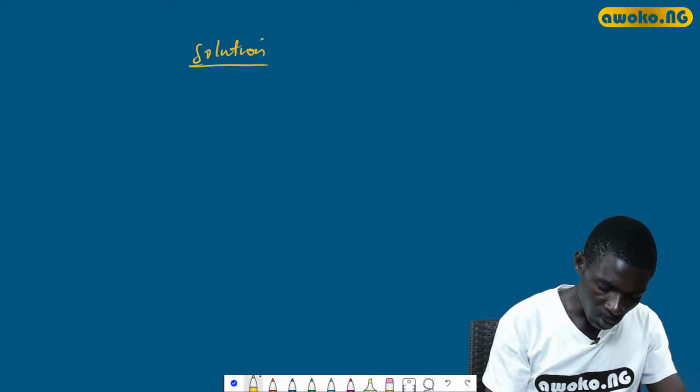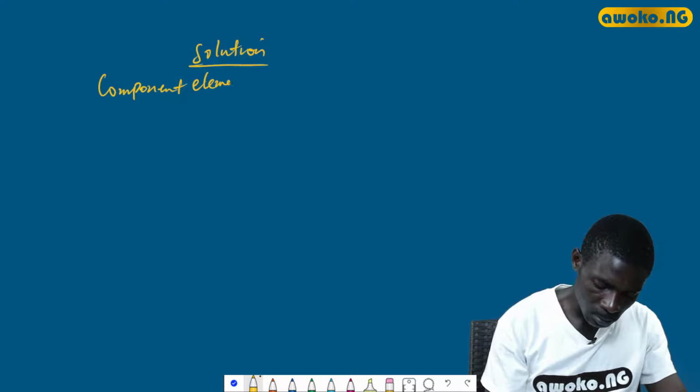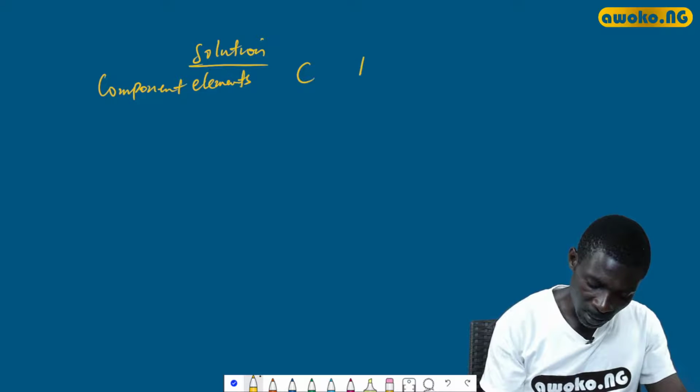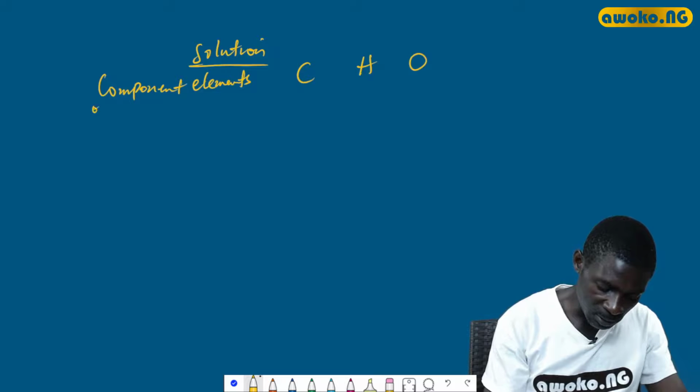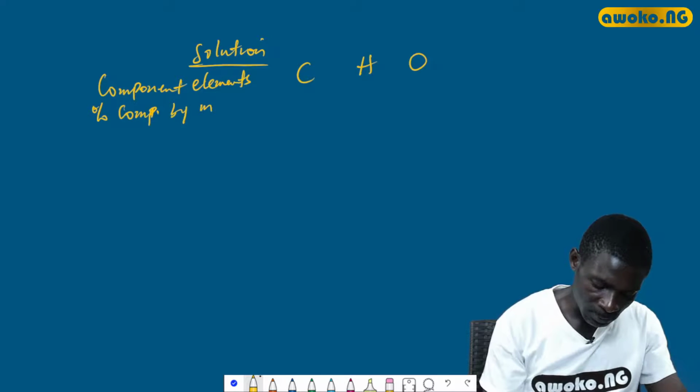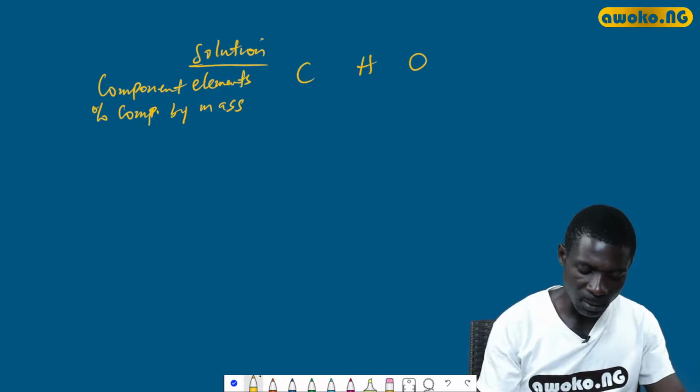So we have component elements: carbon, hydrogen and oxygen. The next thing we do is the percentage composition by mass.